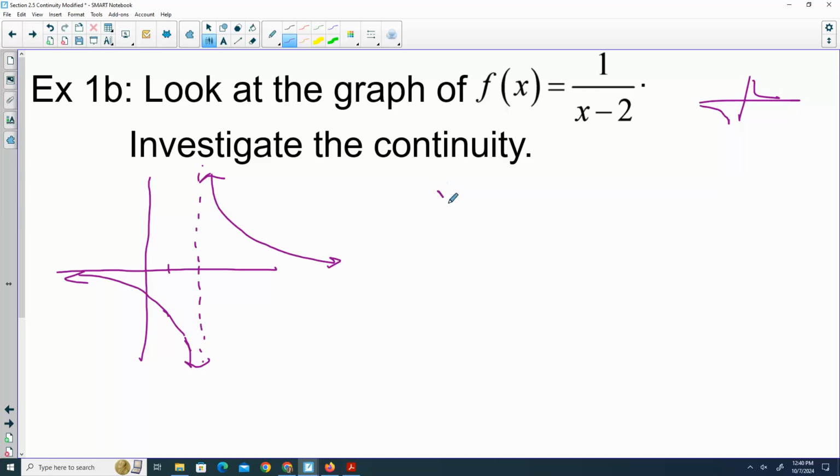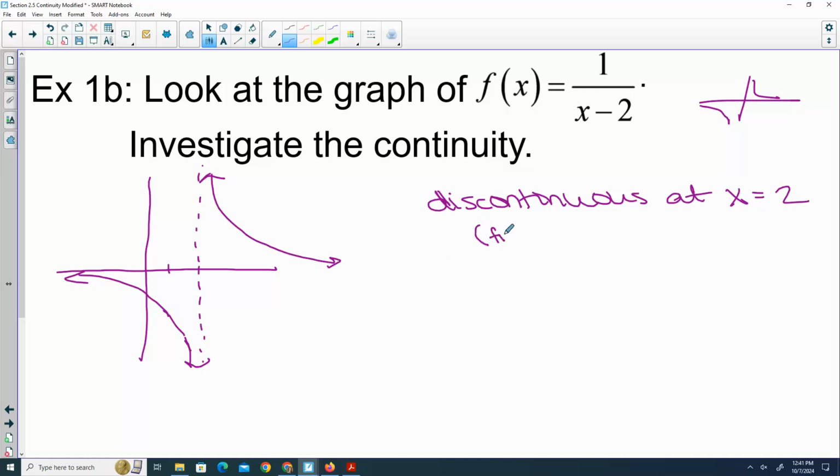Is this graph continuous everywhere? Not everywhere. Where is it not? 2 and 0. You give me the x value. So at x equals 2. At x equals 0, it's still continuous. What's the reason? Your asymptote, the function does not exist.